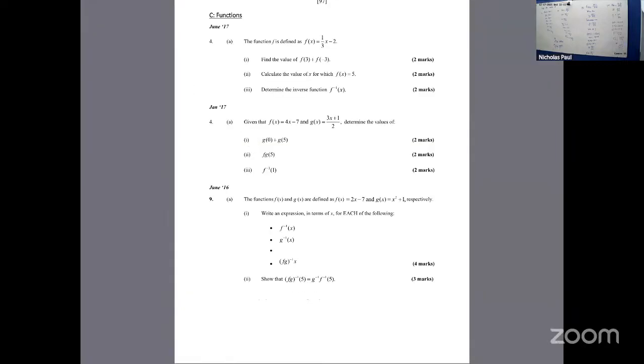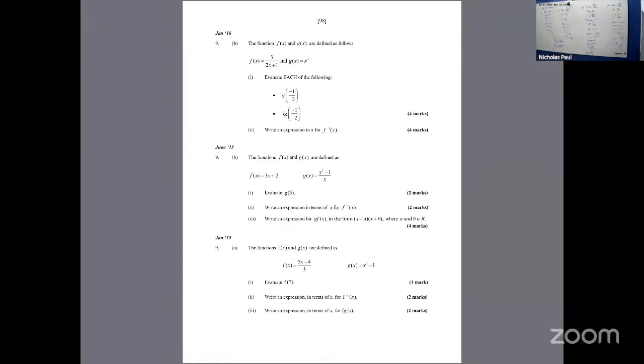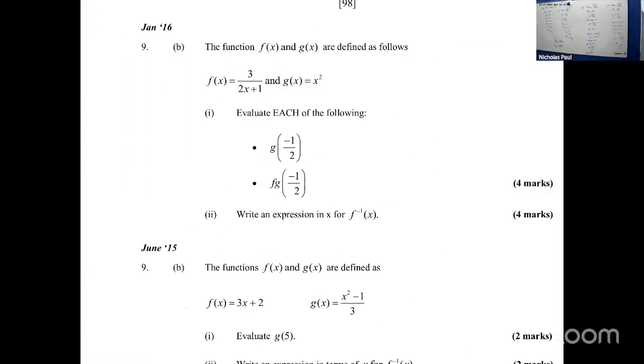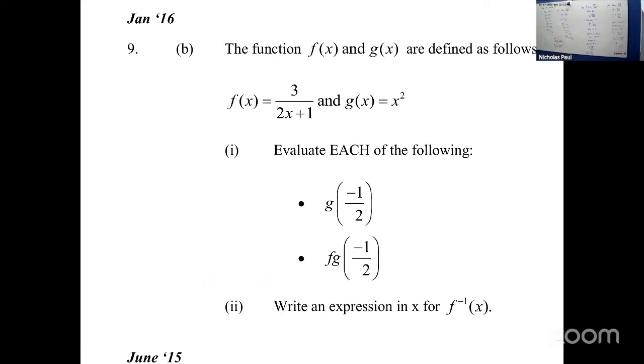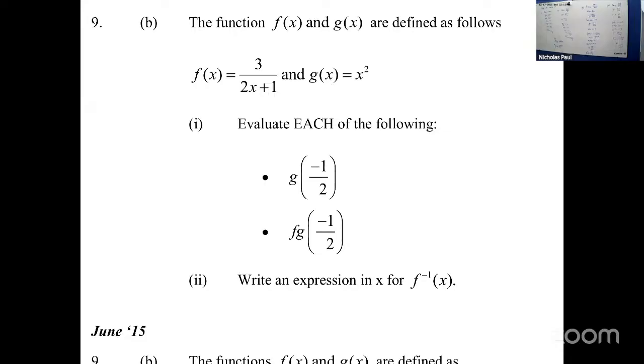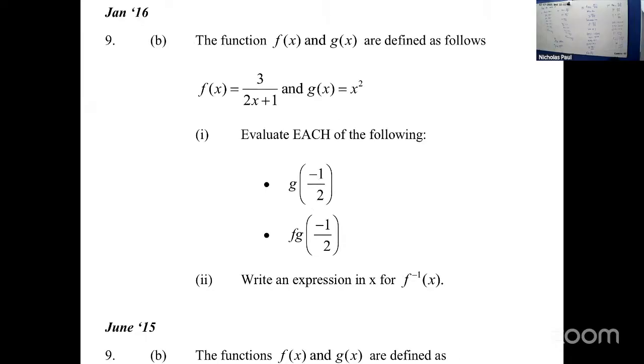I'll put number 9 down; it's a little bit harder. Try this one here. We have some weird fractions to work with. You can take a 2-minute break before you start if you want.